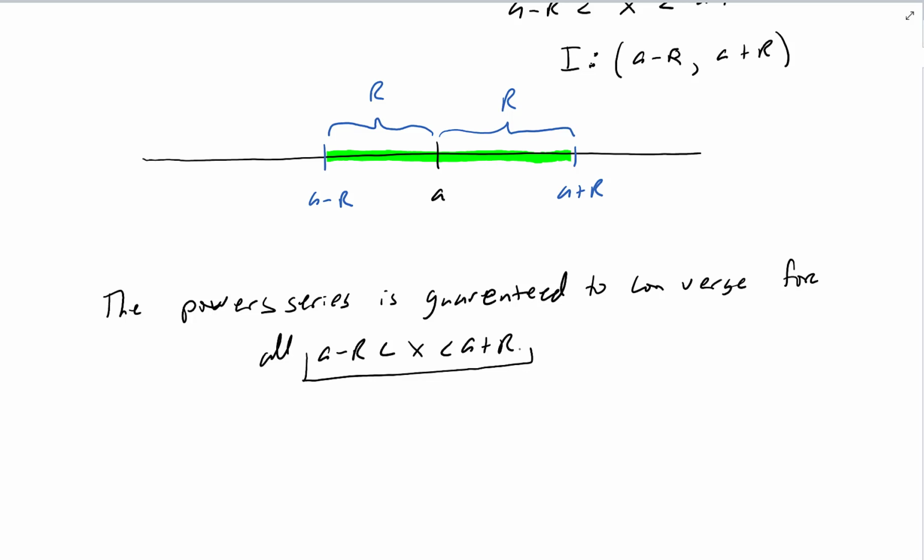I know every x value in that green section will converge. I also know at this point that anything beyond that green section, in other words, on both sides, will diverge.